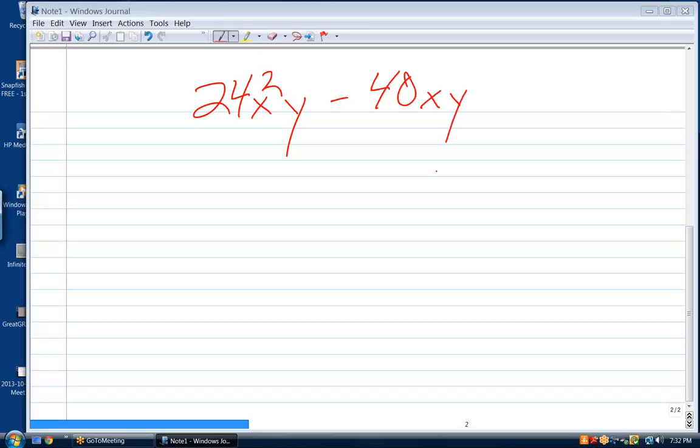First thing we want to do when we're going to factor something is see if there is a greatest common factor. In other words, is there a number? What's the greatest common factor? For this one, I have 8xy. That goes into all of them. Good.